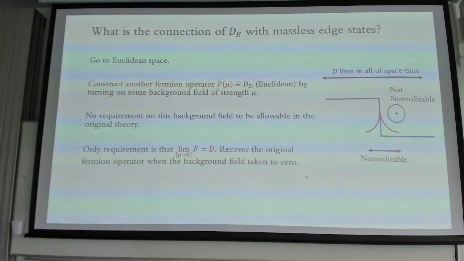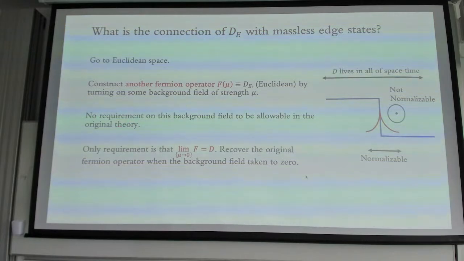To write down this operator, all I have to do is turn on some background field of strength mu. The only requirement here is that F of mu approaches D as you turn off the background field. So in the limit of mu going to 0, F matches with the Euclidean version of your fermion operator.